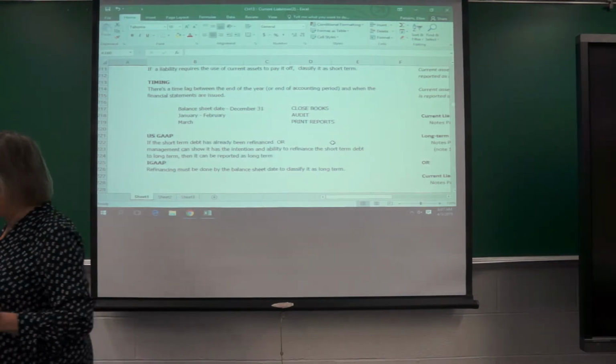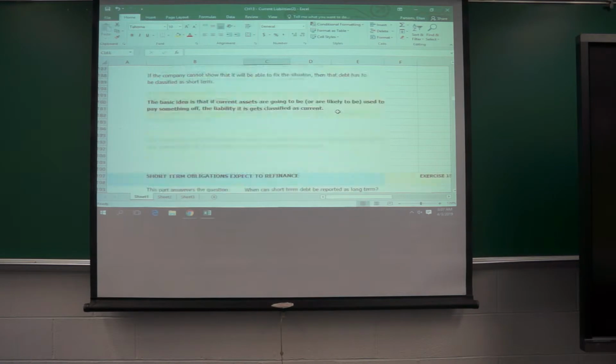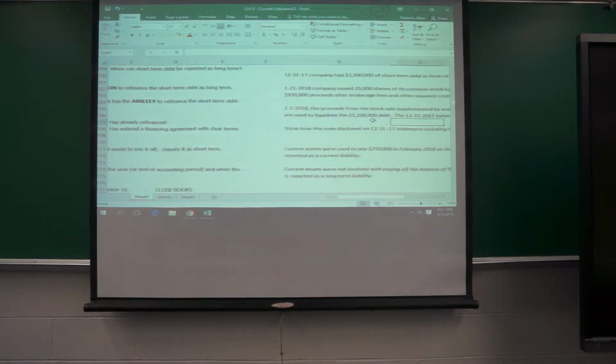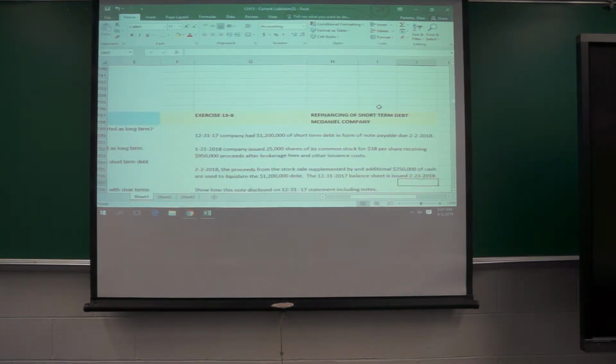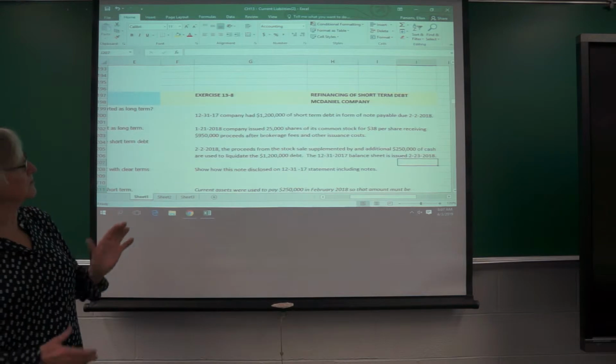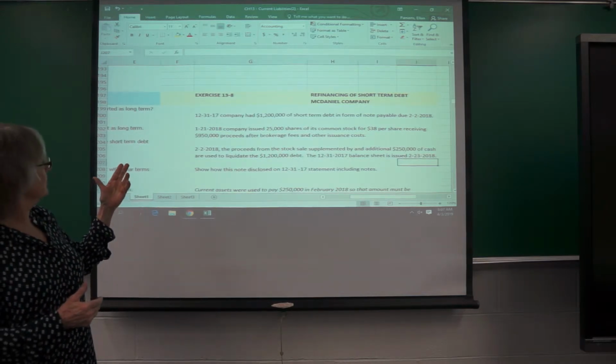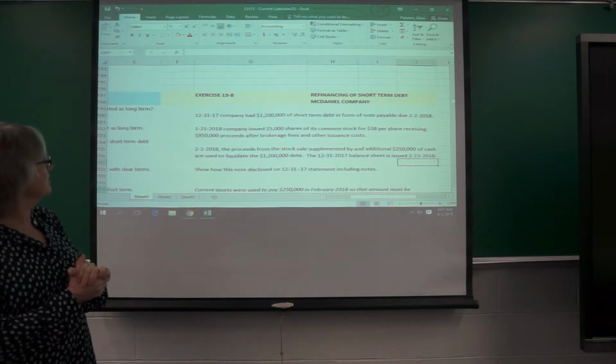Okay, so let's take a look at what this might look like. If we look at exercise 13.8, the company has $1.2 million of short-term debt payable in February, and that's at 12/31/17.